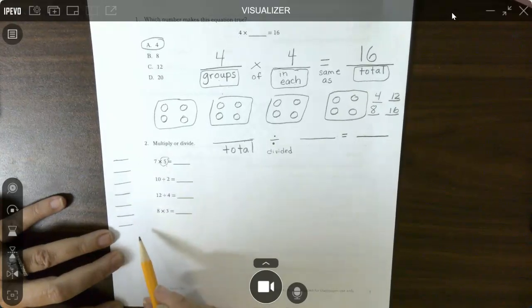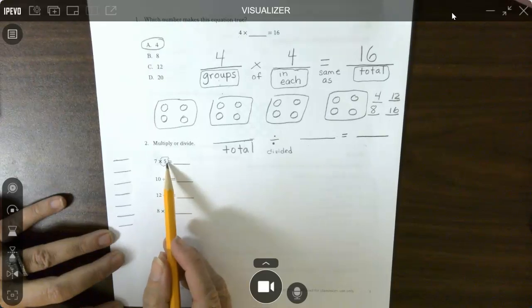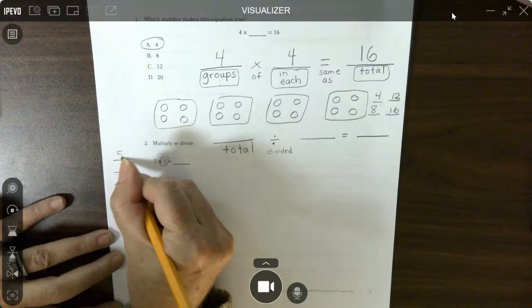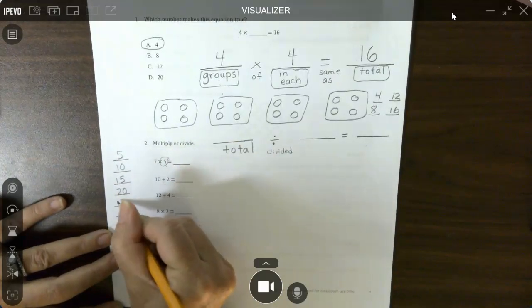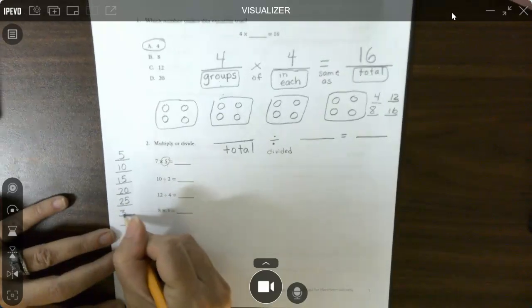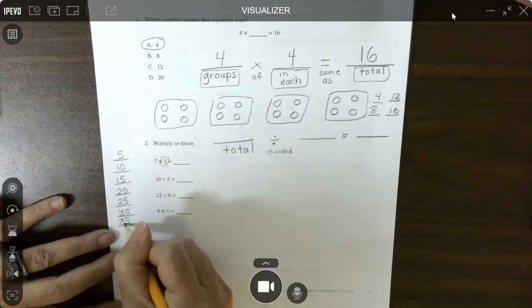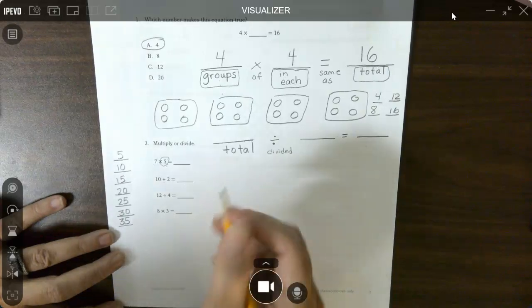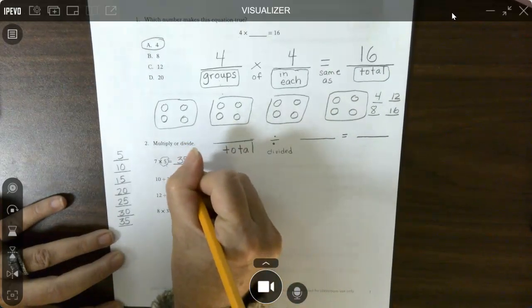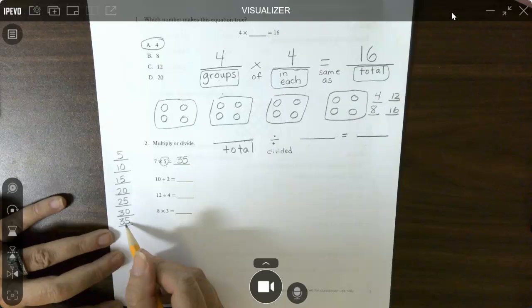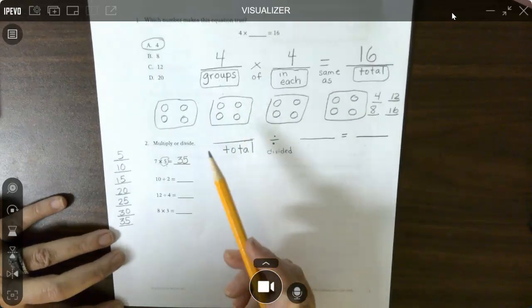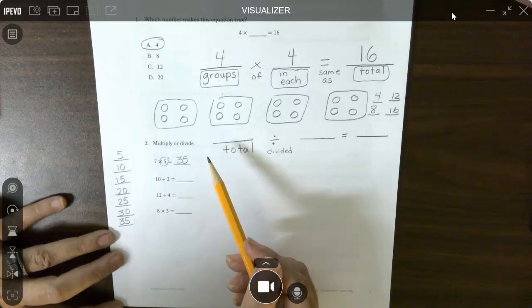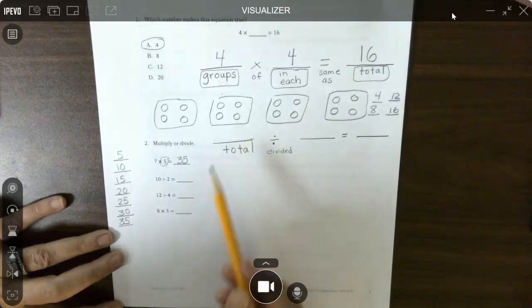Essentially, I've made 7 groups that I'm going to use to put 5 skip counting. 5, 10, 15, 20, 25, 30, 35. 7 times 5 is 35. If this doesn't make sense to your child, feel free to have them draw the picture every single time. That is perfectly all right at this point in the year.